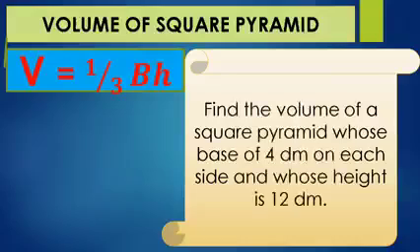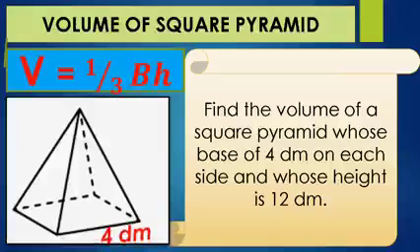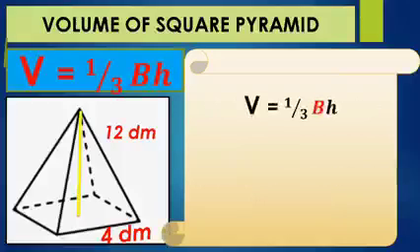Find the volume of a square pyramid whose base is 4 decimeters on each side and whose height is 12 decimeters. By sketching, our base length is equal to 4 decimeters, and our height is equal to 12 decimeters. Using the equation V is equal to 1/3 base times height, we need to look for the value of our base first.